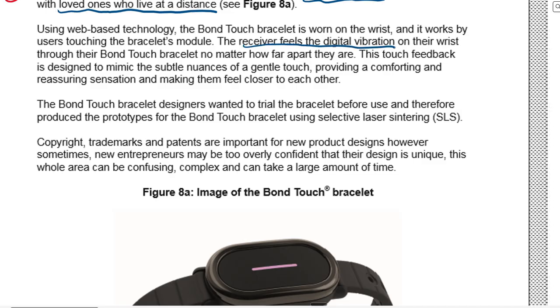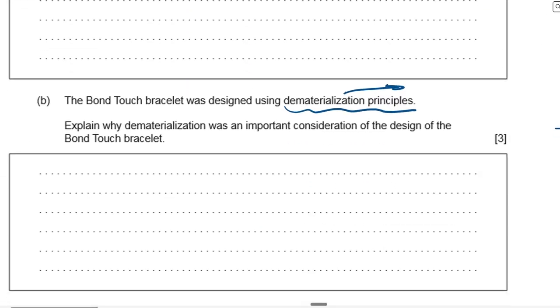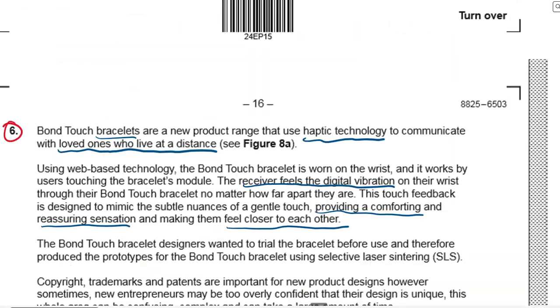The receiver feels the digital vibration on the wrist no matter how far apart they are. This touch feedback is designed to mimic the subtle nuances of a gentle touch, providing a comforting and reassuring sensation, making them feel closer to each other. Not exactly related to the questions.